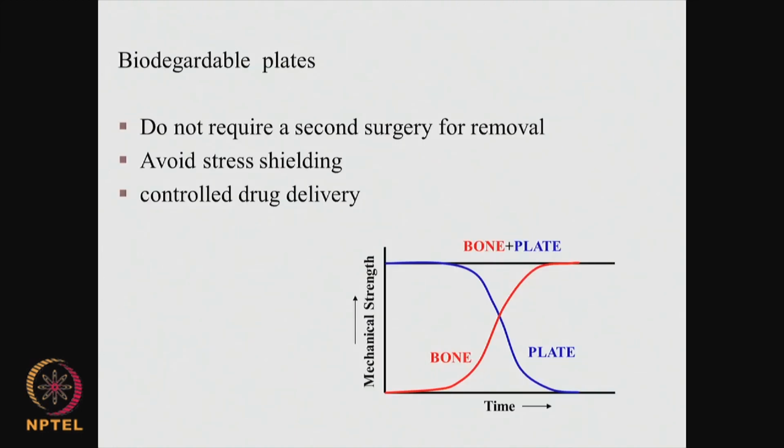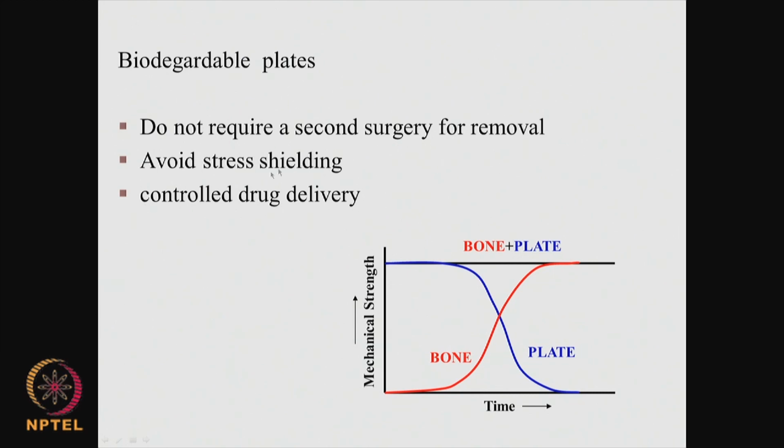Okay. So if you have a biodegradable bone plate, we will not require another surgery for removing the bone plate. Generally you cannot remove the bone plate because the bone nicely grows and the muscles grow, so it is absolutely not possible.